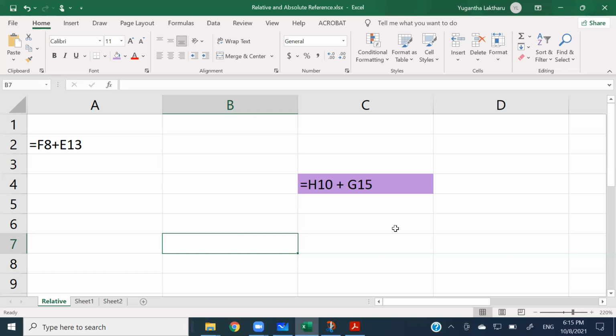I'm sorry, not the H, should become F. H is going to become G, G is going to become F. Dilni's answer is G13 plus F18 though, not H18. Be careful.